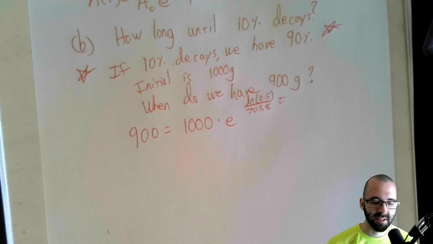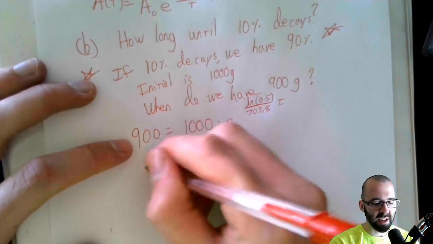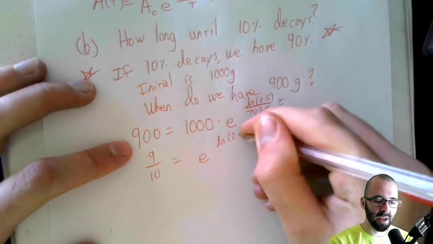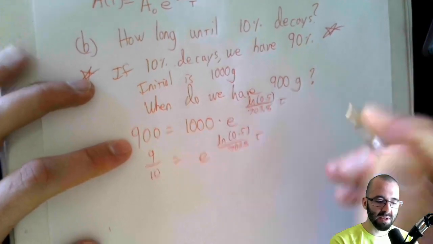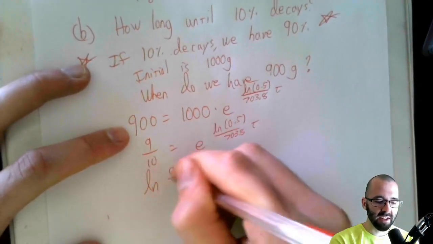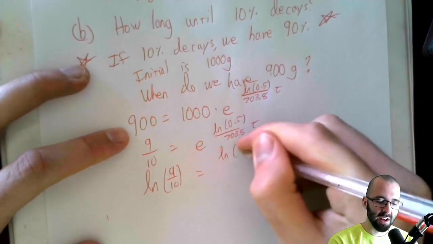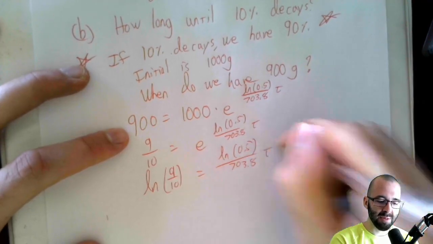Upon request, here's how you solve it. 900 divided by 1,000 is 9/10 equals e to the same thing as you had up here before, divided by 703.8 times t. Take the natural log of both sides, you get the natural log of 9/10 equals, they cancel each other out, the natural log of 0.5 divided by 703.8 times t.